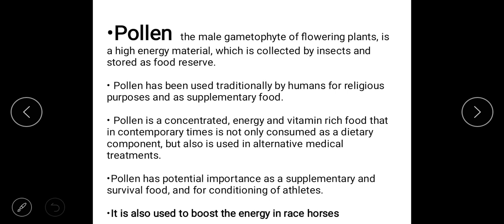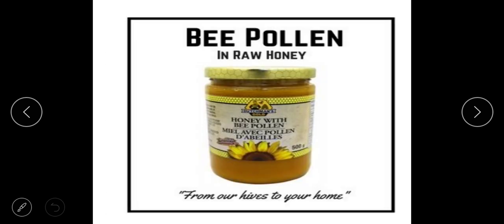Pollen tablets and pollen honey are used by athletes as well as horses to boost up energy. You can see the bee pollen over here, which is used as a supplement.